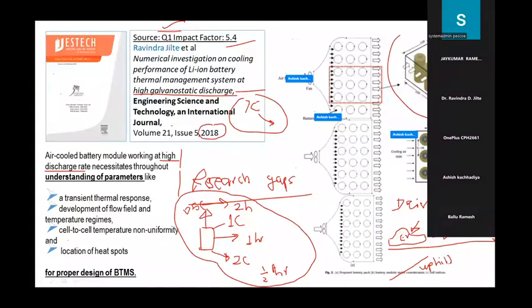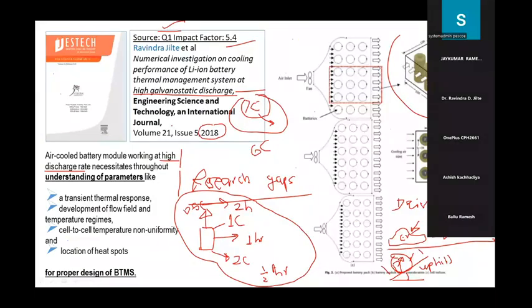In an uphill, the power required to be withdrawn from the batteries is very large. Let us say the distance is very small, but the steepness is very high. If the steepness is very high, we require larger power for a smaller duration. In that case, we withdraw more and more current from the batteries. As a result, it turns into a situation of either 6C, that is, withdrawing 6 times the rated current, or 7 times the rated current.